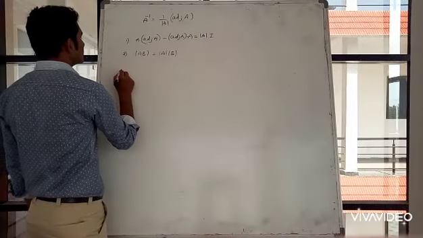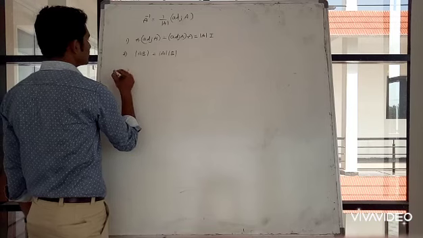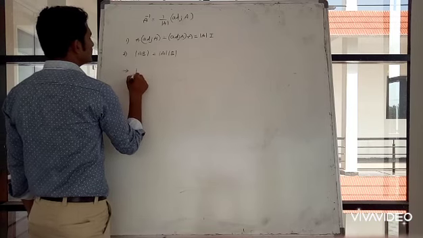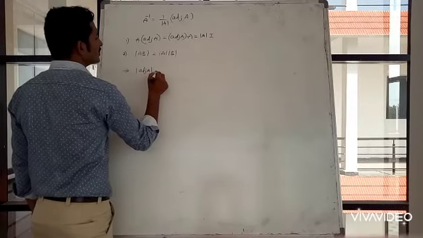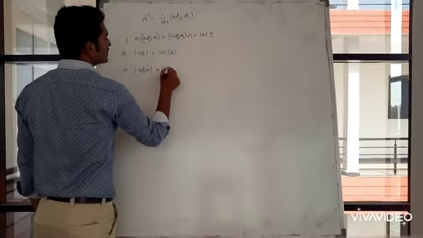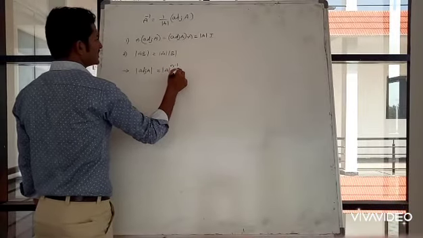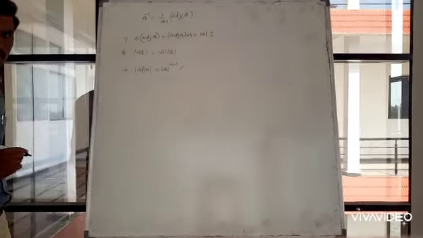And some remarks we have seen. Determinant of adjoint of A is equal to determinant of A raised to n minus 1, the general formula we got.